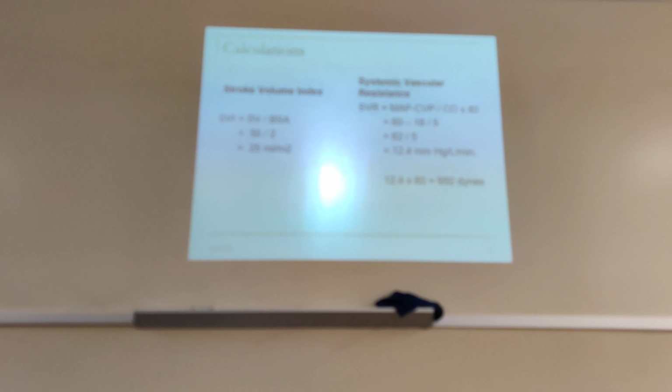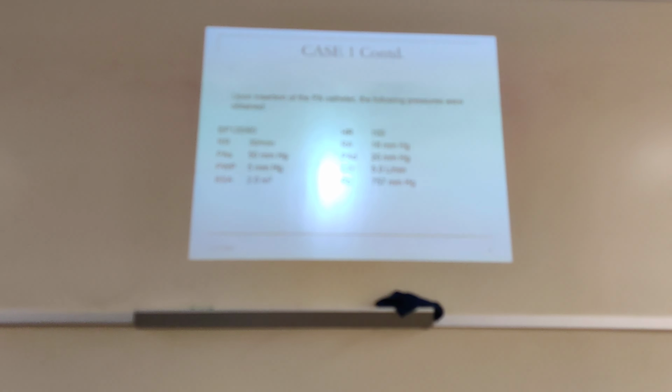Well, I know my MAP now. I calculated my MAP to be 80, and the CVP value is not given, but I have my right atrial pressure, right?